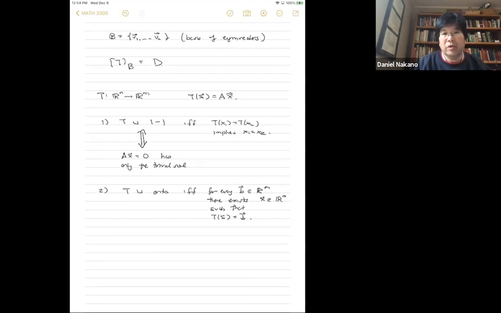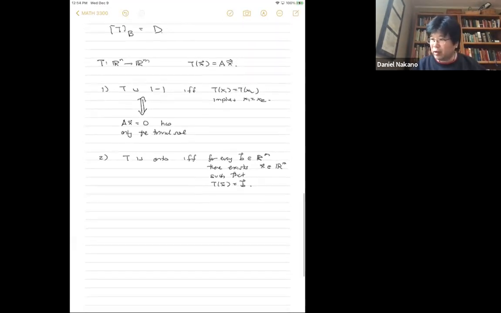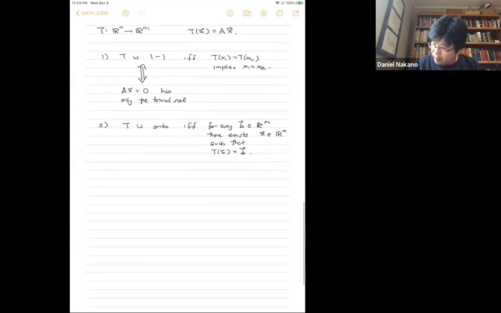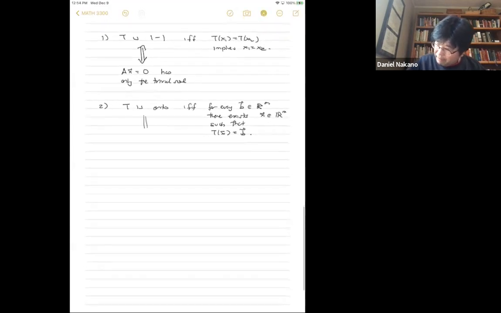So the image of T is all of Rm. All right, now there's a matrix way to show or prove this. This happens if and only if AX equals B has a solution.